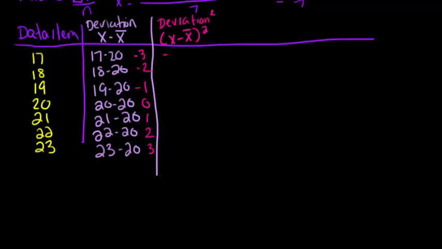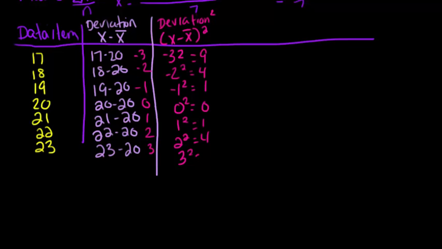So negative 3 squared is 9, negative 2 squared is 4, negative 1 squared is 1, 0 squared, 0, 1 squared, 1, 2 squared, 4, and 3 squared, 9. Now we have deviation squared.